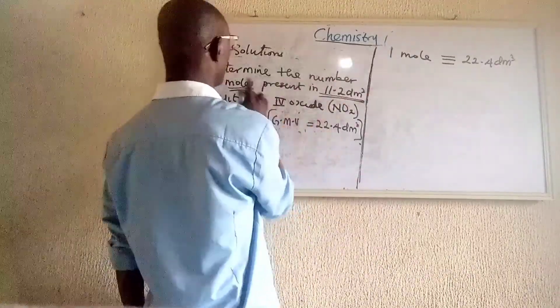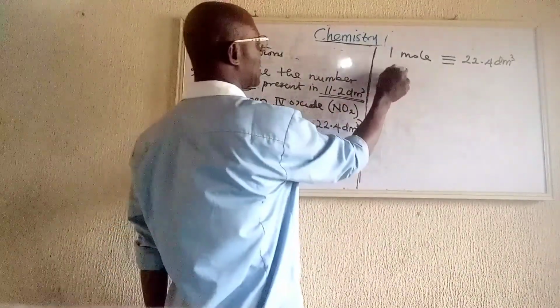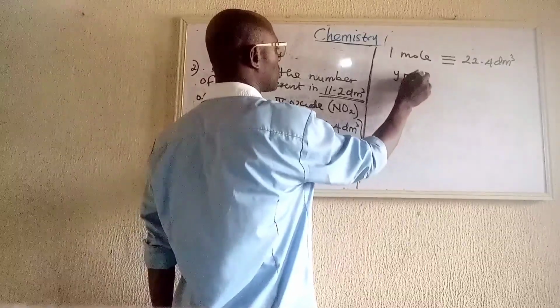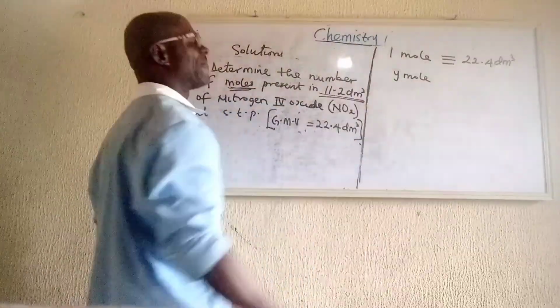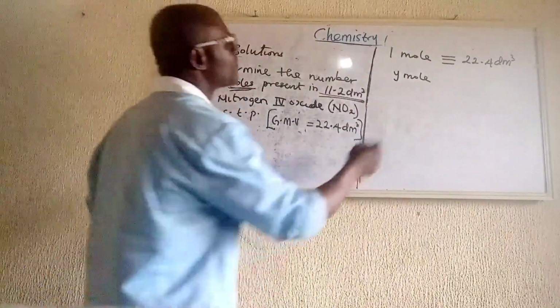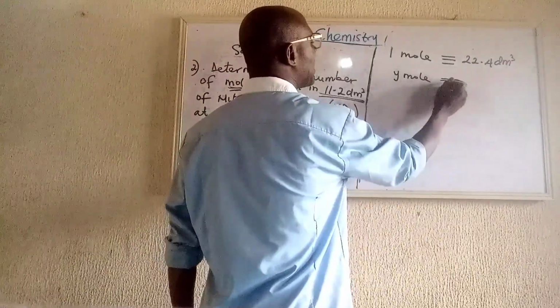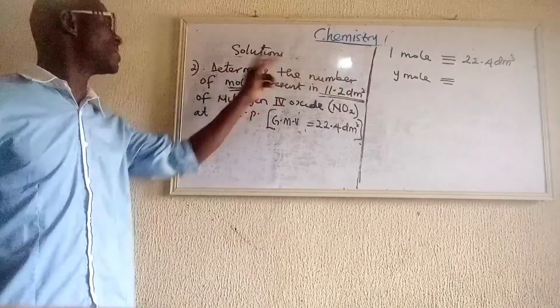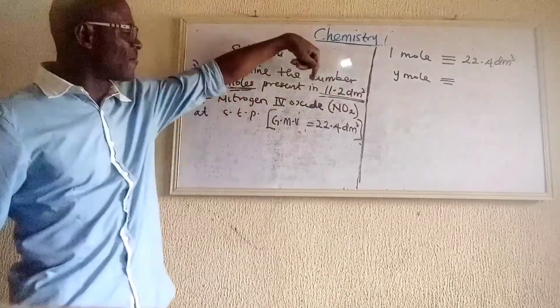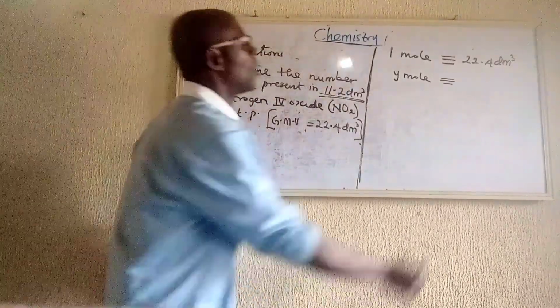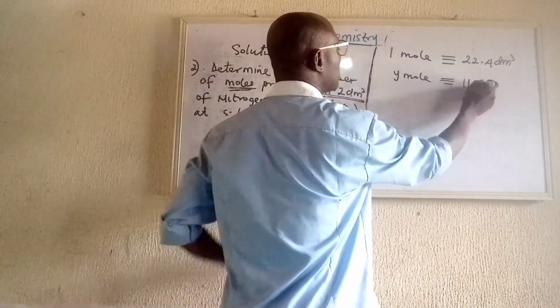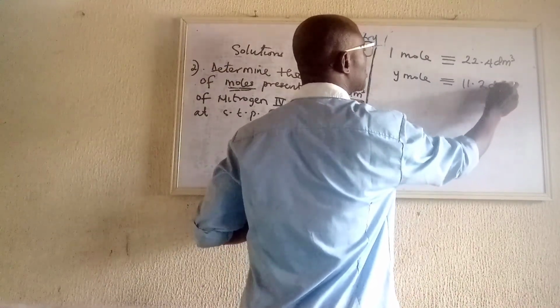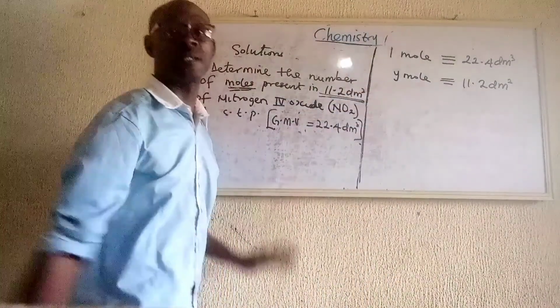Now, we are looking for the number of moles. This time around, I will use y mole because I want to assume y is the value of mole I'm going to get. It will be equivalent to 11.2 dm³ because that is the volume we are given. So 11.2 dm³. Then what do we do?